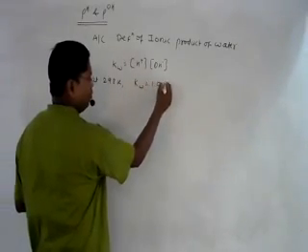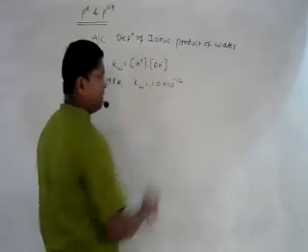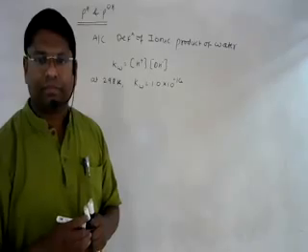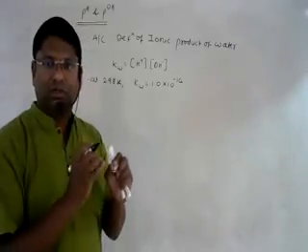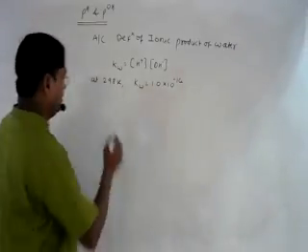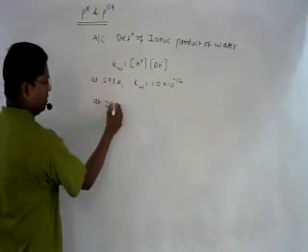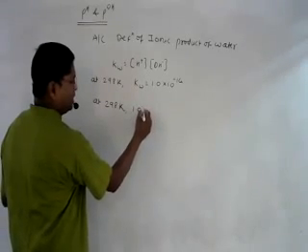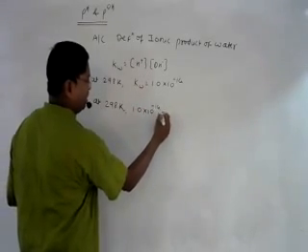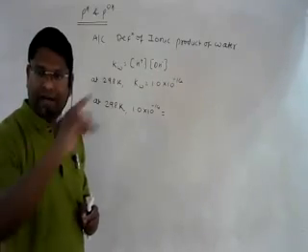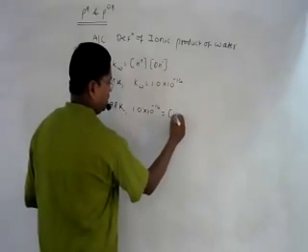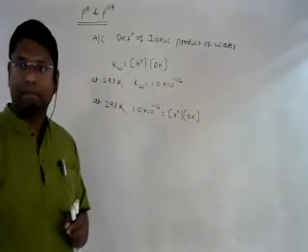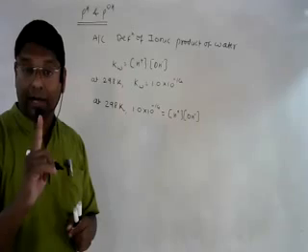Kw is 1.0 into 10 raised to power minus 14. So if I substitute this value in the expression, then at 298 Kelvin, 1.0 into 10 raised to power minus 14 is equal to H positive ion concentration into OH negative ion concentration.